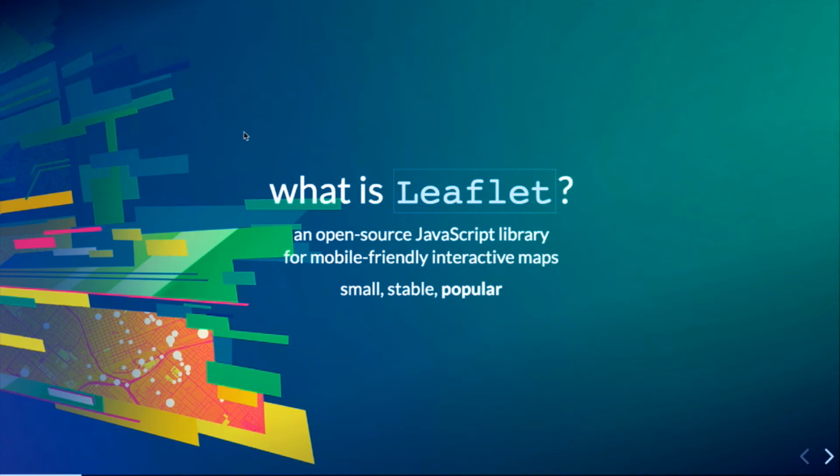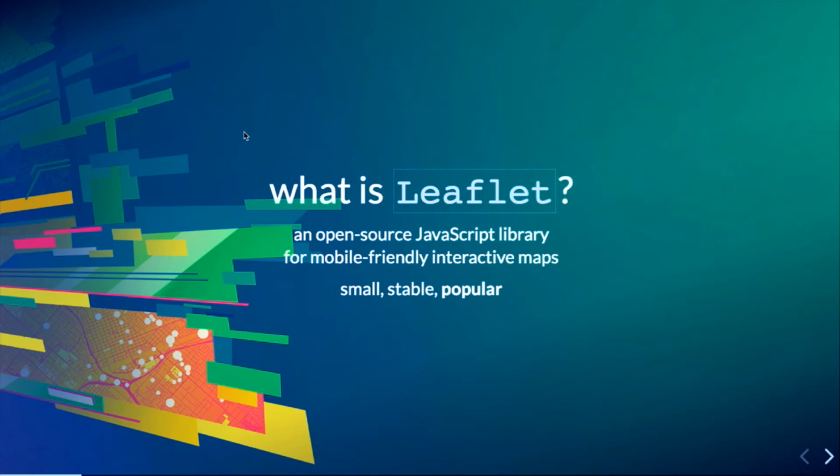And it's partially because it's good, and it's partially because it's simple and free, and you can spin it up without restrictions. One of the reasons people like Leaflet is because it's not very big, so it works really well, especially on a mobile device. If you have a website with a map on a mobile device, it's usually going to work pretty well. And it's a very stable API.